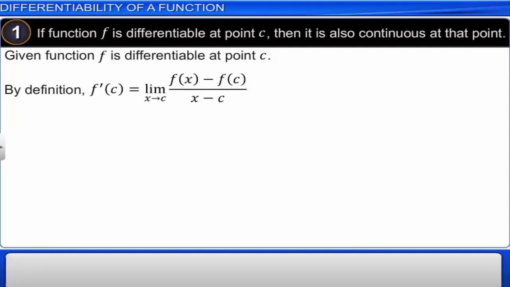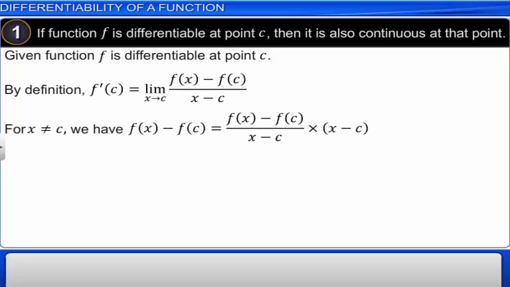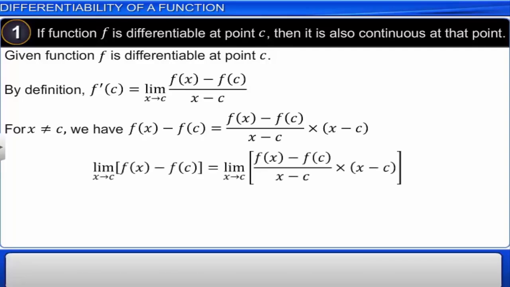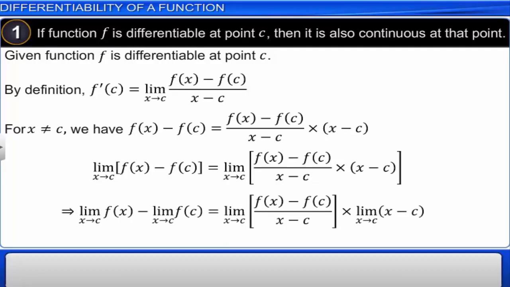For x not equal to c, the numerator f(x) - f(c) can be written as shown. Now, let's take the limit on both the sides when x approaches c. By using the algebra of limits, we can write the limit of the product of two functions on the right-hand side as the product of their limits.